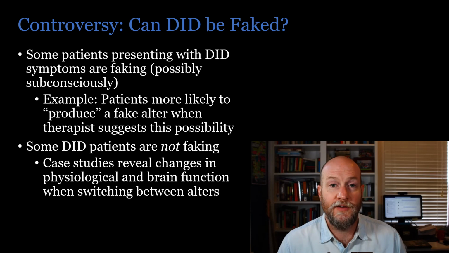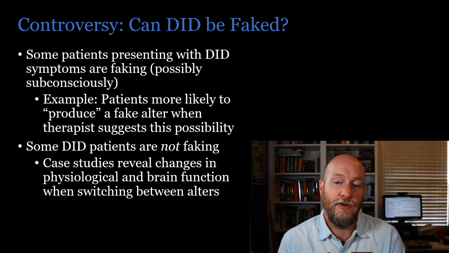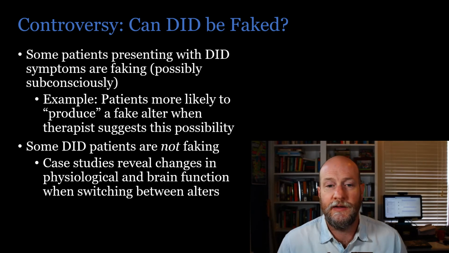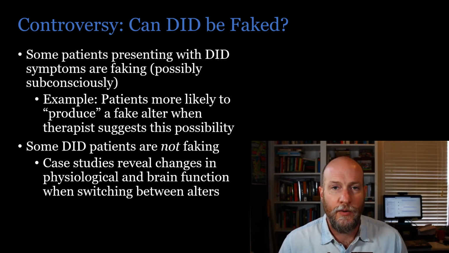We do know that some people with DID are not faking, which is the reason why it's included in the DSM. There's a fair amount of evidence to support the idea that there are real changes going on in brain functioning when the person is switching between alters. Now, you might say that a person who's really faking it well, who's a very gifted, talented sociopath, or psychopath, I should say, can fake DID very effectively.